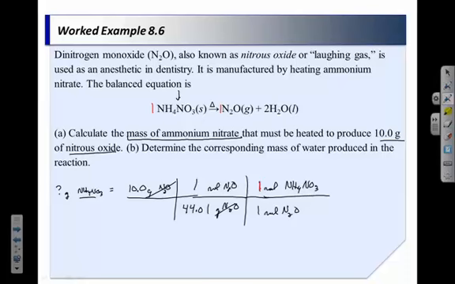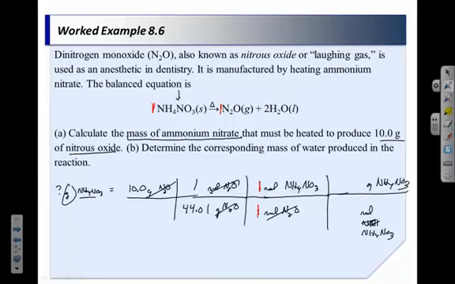So whatever these coefficients are, they come from the balanced reaction. Now I've got to the substance I want, but I'm interested in grams, so I just need the molar mass of that substance, NH4NO3. So I would use the molar mass of that from the periodic table.